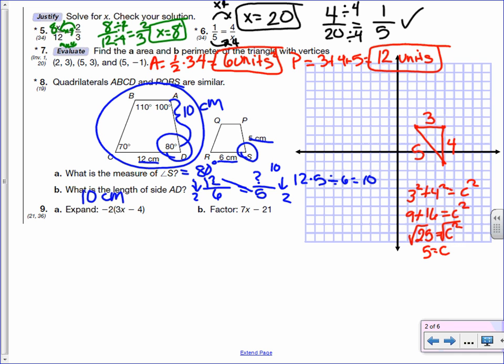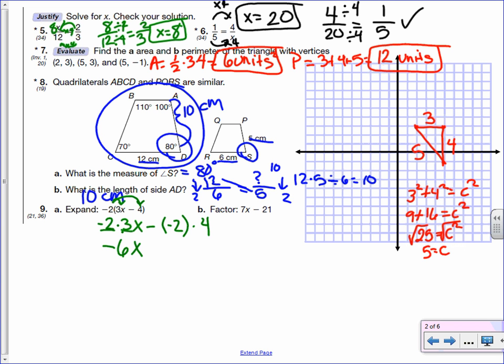In 9, they want us to expand, and that means use the distributive property. So we have negative 2 times 3x minus, and then negative 2 times 4. Negative 2 times 3 gives me negative 6, because 2 times 3 is 6, and the signs on the negative 2 and the positive 3 are opposite, so my answer is opposite.